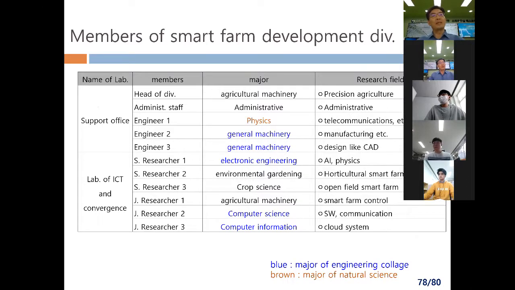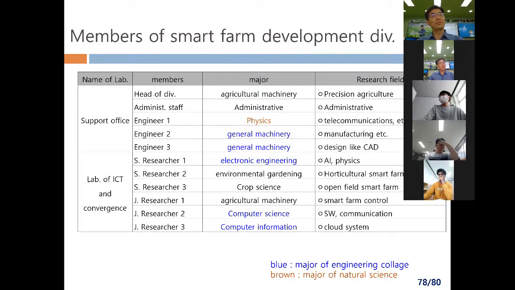The table you are looking at shows the division of smart farm development I work for. As you can see, there are more graduates from engineering colleges, such as electronics and computer engineering, than from agricultural colleges. In other words, I would like to introduce the RDA to you as your future job after graduation.